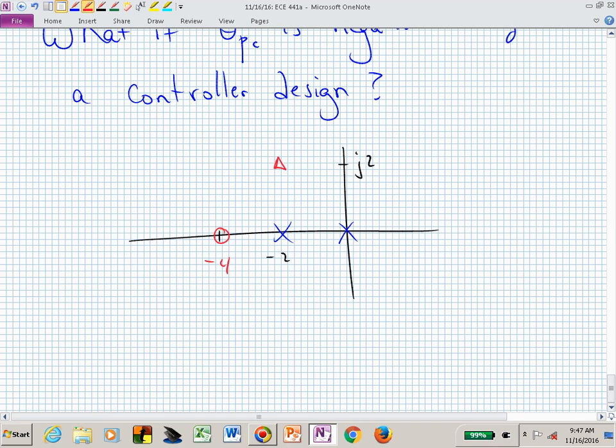And you're now trying to find a pole location to have your root locus pass through that triangle. So you have this angle, this angle, the angle of your controller, and this one that you're trying to find.